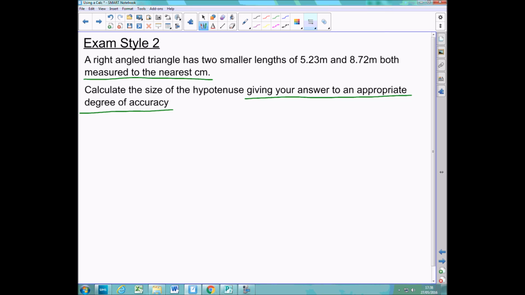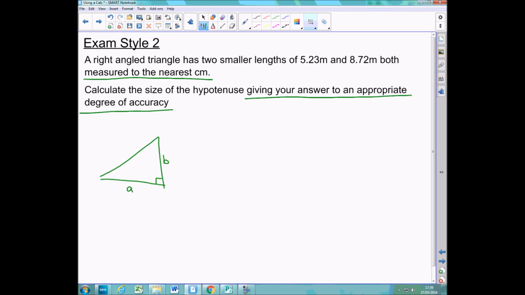Okay, well, hopefully by now you will have spotted this measured to the nearest centimeter part of the question, which is telling me that it's a bounds question. And also this addition of a right angle triangle with two smaller sides is showing you that it's a Pythagoras question. So just to help us, we're going to draw out our right angle triangle, and put our two lengths on here, which I'm going to call A and B. Let's say that A is this 5.23 meters.